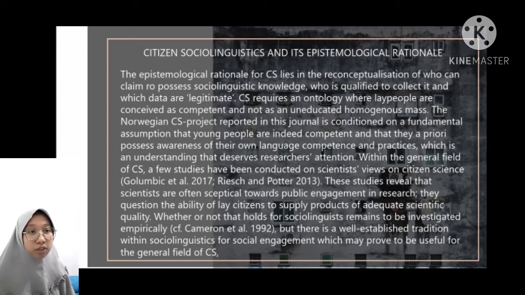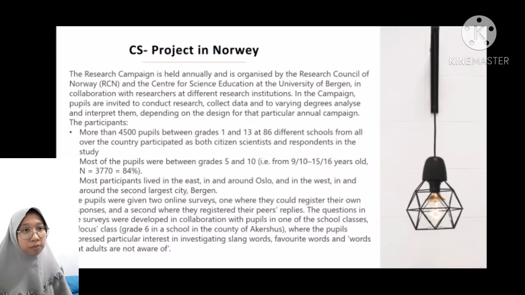The Norwegian CS project reported in this journal is conditioned on a fundamental assumption that young people are indeed competent and that they a priori possess awareness of their own language, competence, and practice, which is an understanding that deserves researchers' attention. So that is the explanation about citizen sociolinguistics and its epistemological rationale.